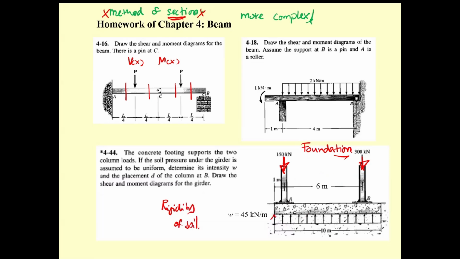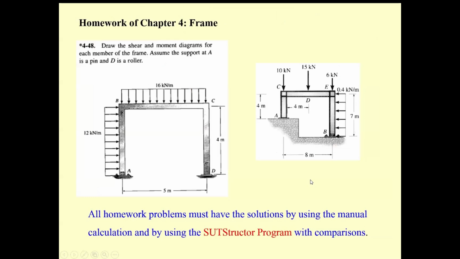Then the soil may resist the force in the form of uniformly distributed load. That's supposed to be very compact soil. And then you should be able to analyze the foundation, the shear force and bending moment. And then we move to the frame.